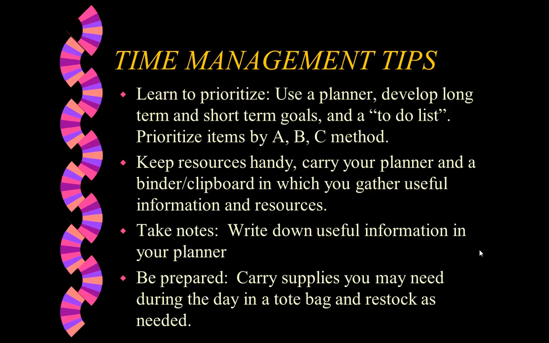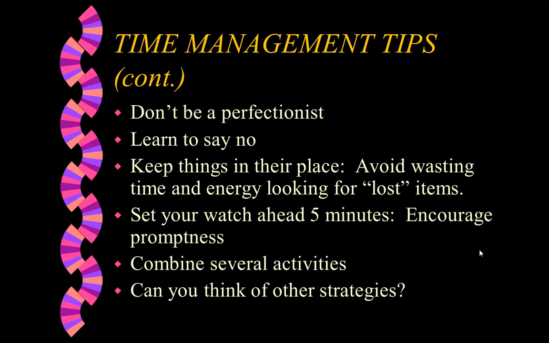We talked about a 3-ring binder. We talked about keeping yourself organized, putting your papers in your binder right away so that you're not constantly looking through the binder. Take notes, write down useful information in your planner, and then be prepared. Carry supplies you need during the day in a tote bag and restock as needed.